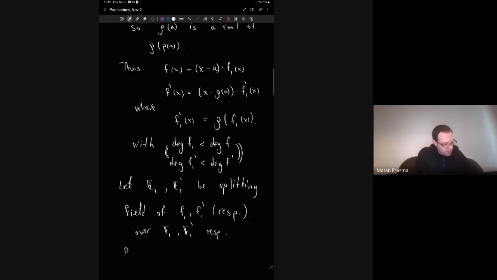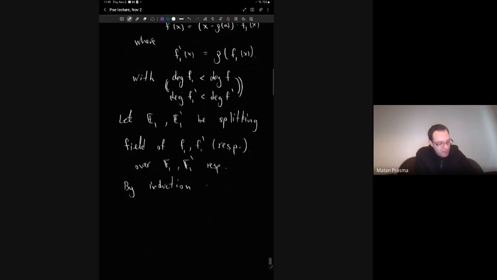Then by induction, I have an isomorphism of fields sigma between E1 and E1 prime that extends the original isomorphism rho.